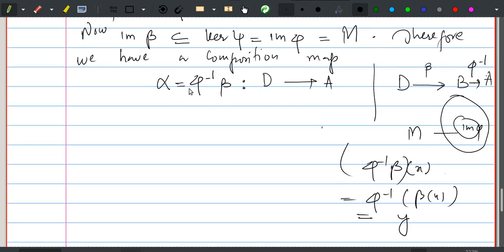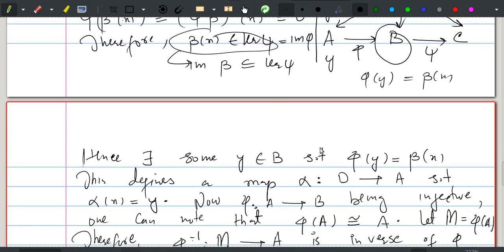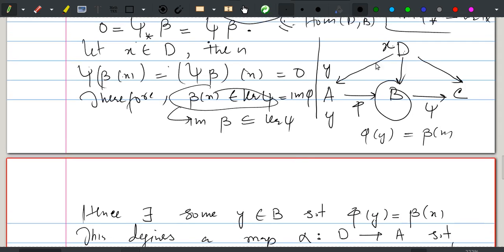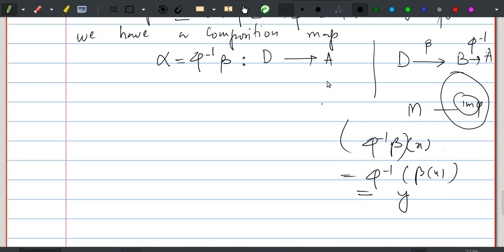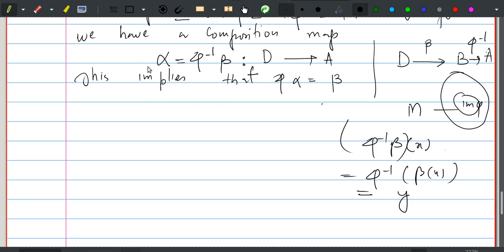This alpha is the map which takes the arbitrarily chosen element x here to the element y here. This implies that phi of alpha is beta. Just take phi on both sides, and we get phi of alpha is beta.